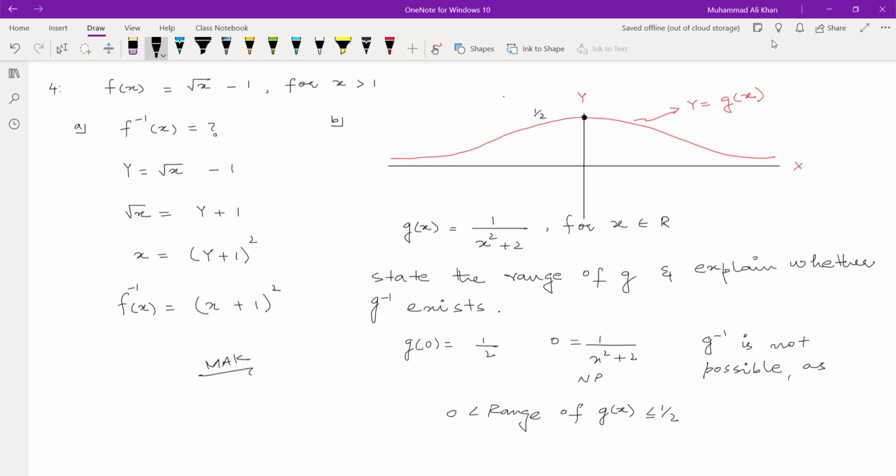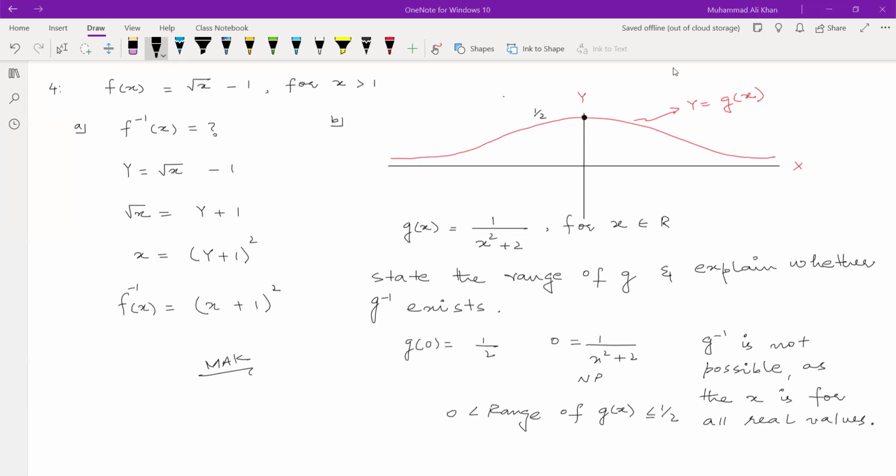as x is for all real values. Up to the turning point only, the inverse is possible, but here x belongs to all the real values.